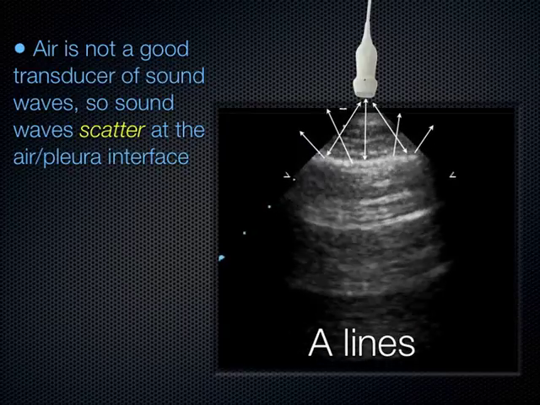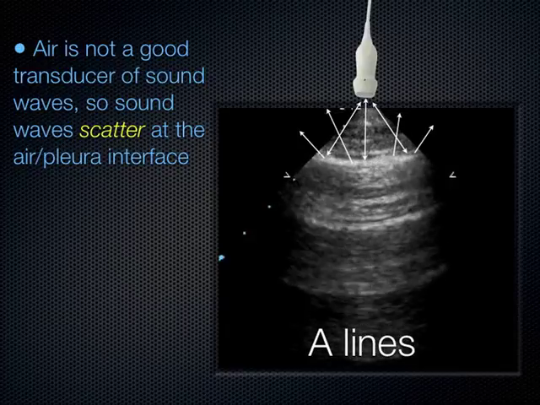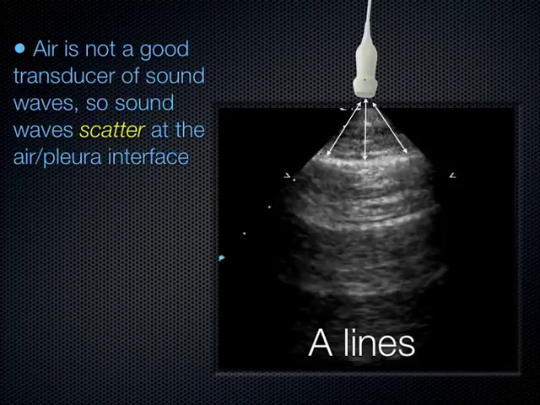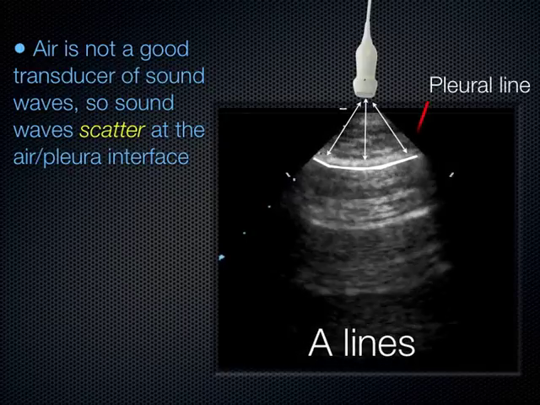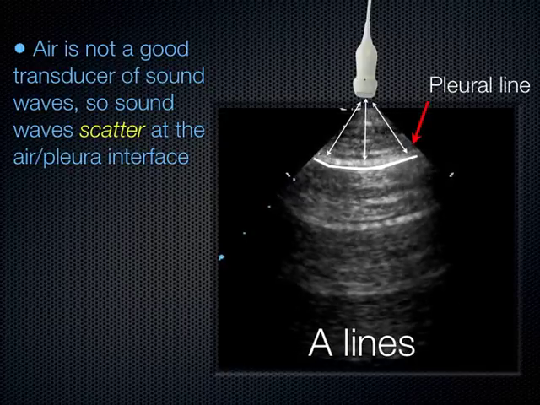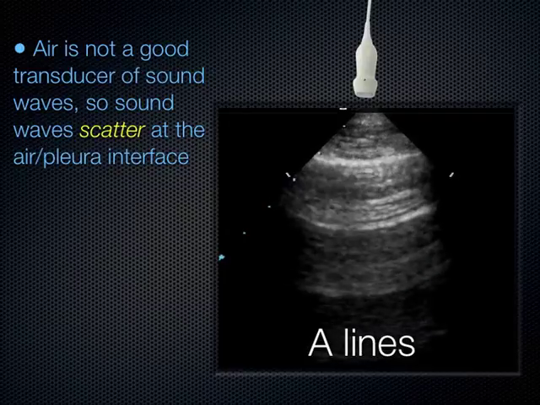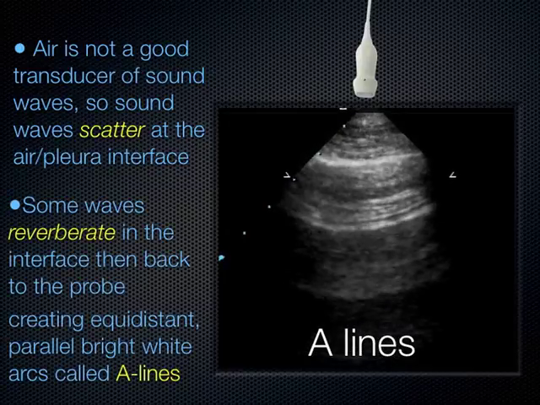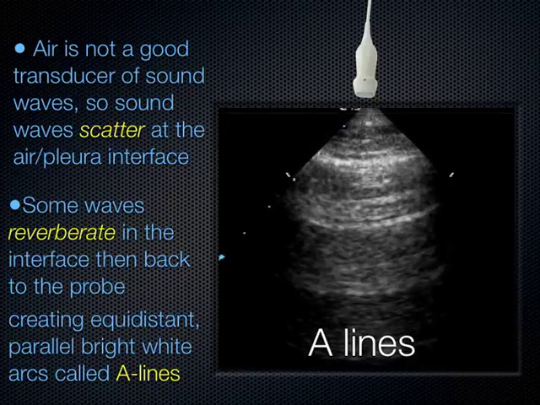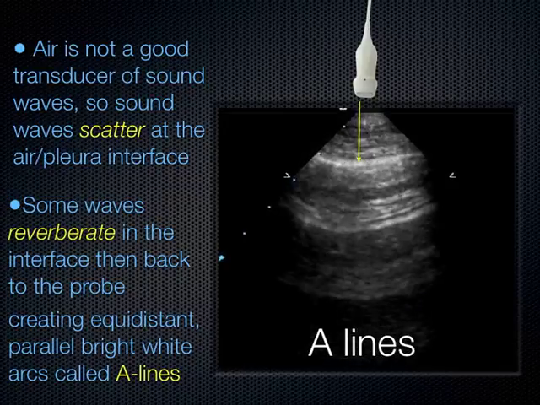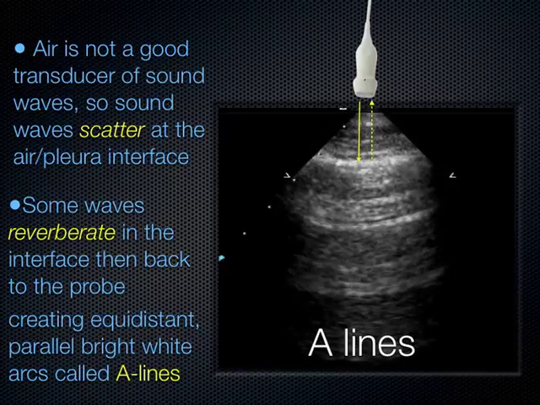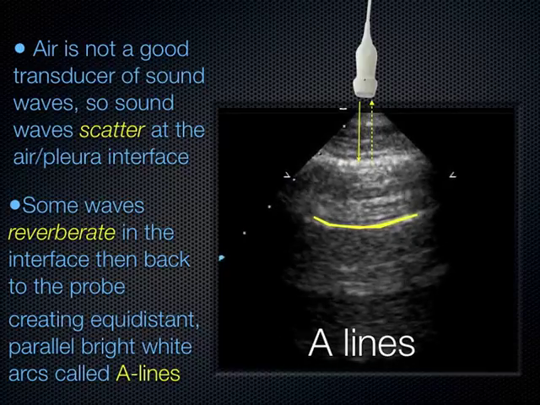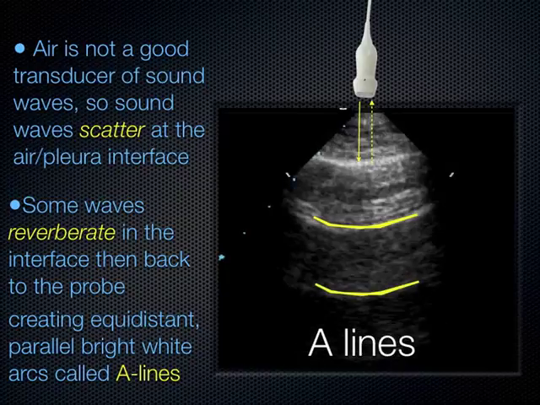However, some of those sound waves reach the pleural line, and they get stuck in the pleural line, and they reverberate, and they reach back to the probe later, and it ends up interpreting that as lines that are lower. Can everybody see that? It's just an artifact. Your lungs are not striped. This is because there's air, and the difference between the air and the pleural line is creating this artifact.